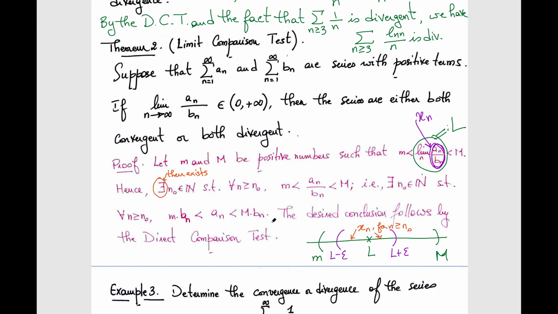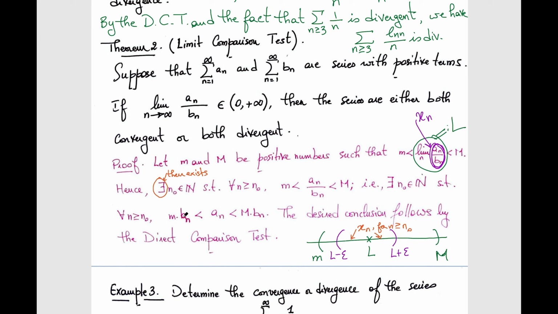Correct? Now, if the series whose terms are b_n is divergent, so is the series whose terms are little m times b_n, also a divergent one. And then by the direct comparison test, this is a positive number, right? Because little m is positive and every b_n is positive.